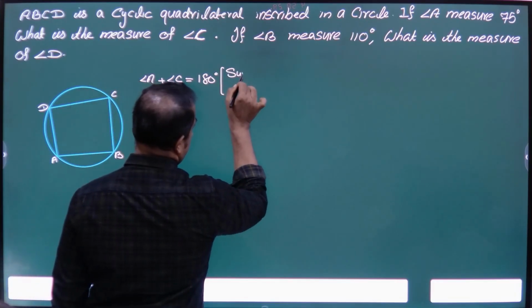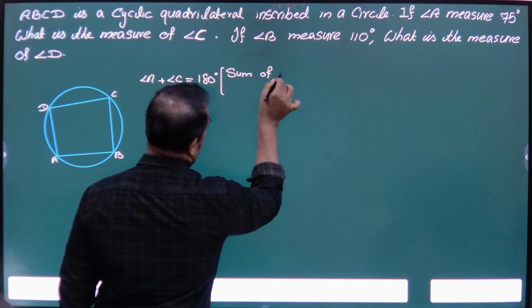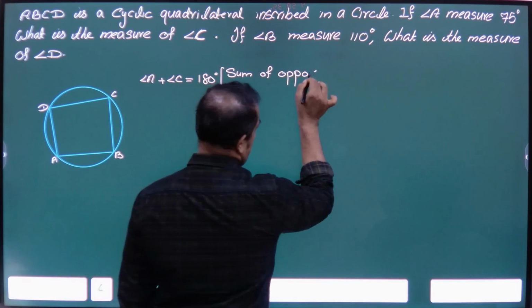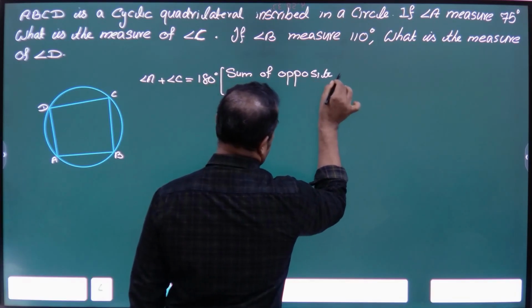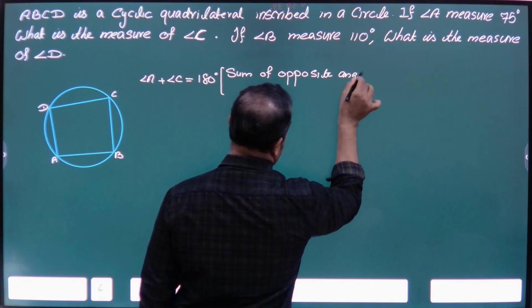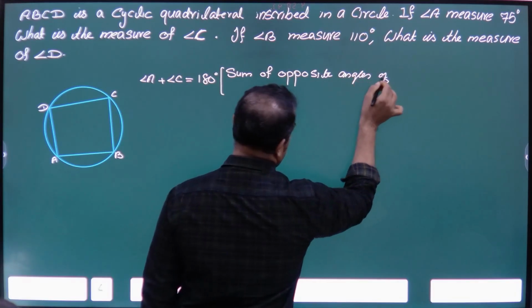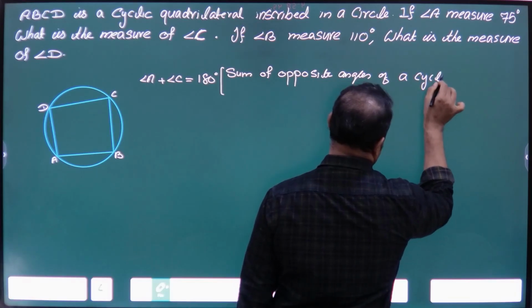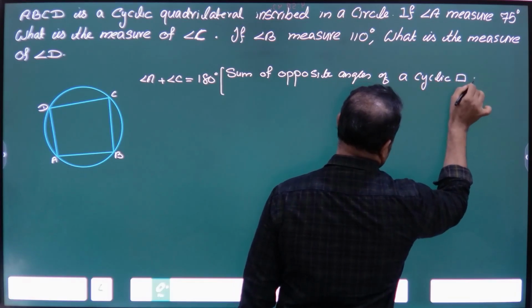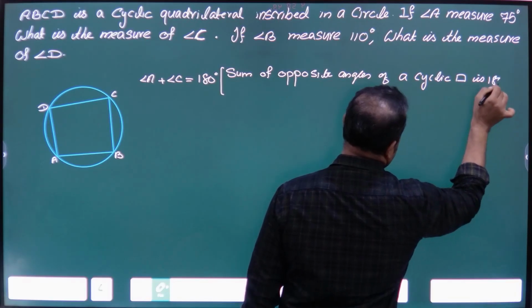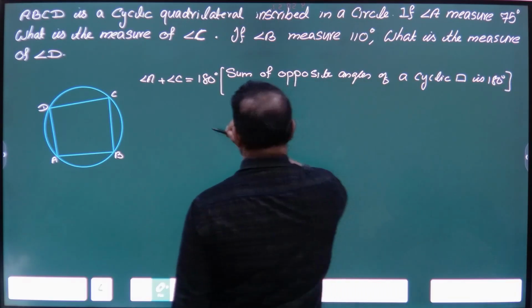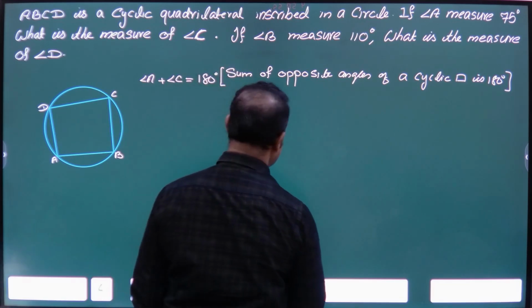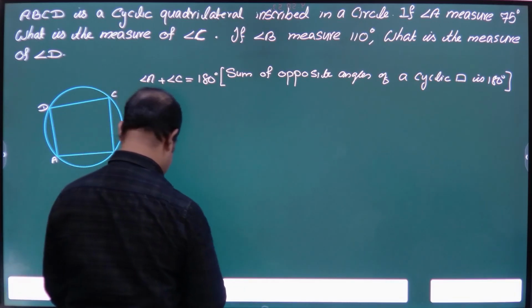Sum of opposite angles of a cyclic quadrilateral is 180 degree.